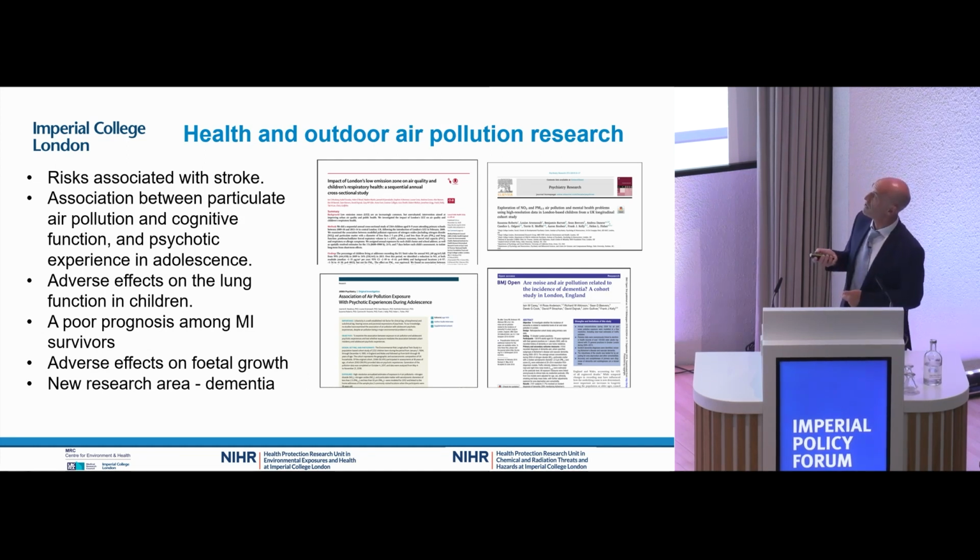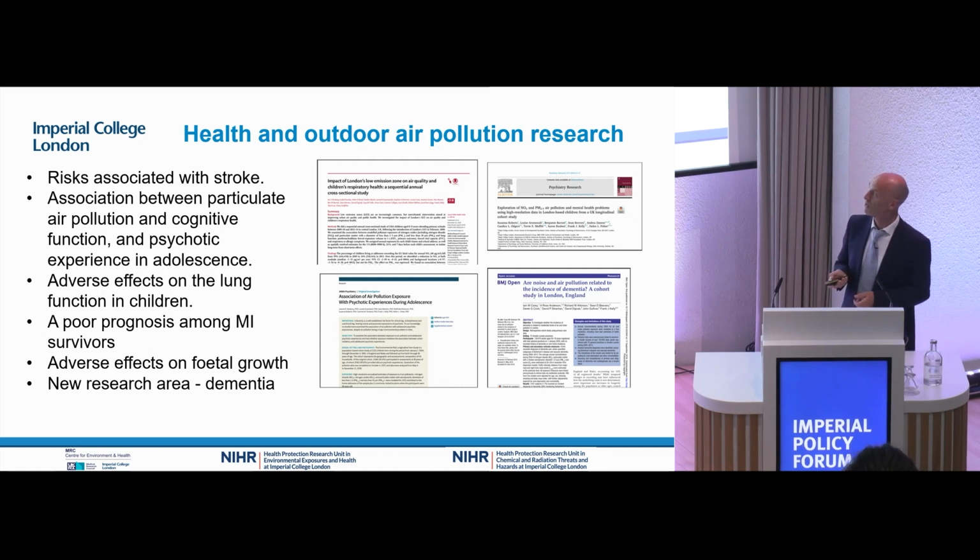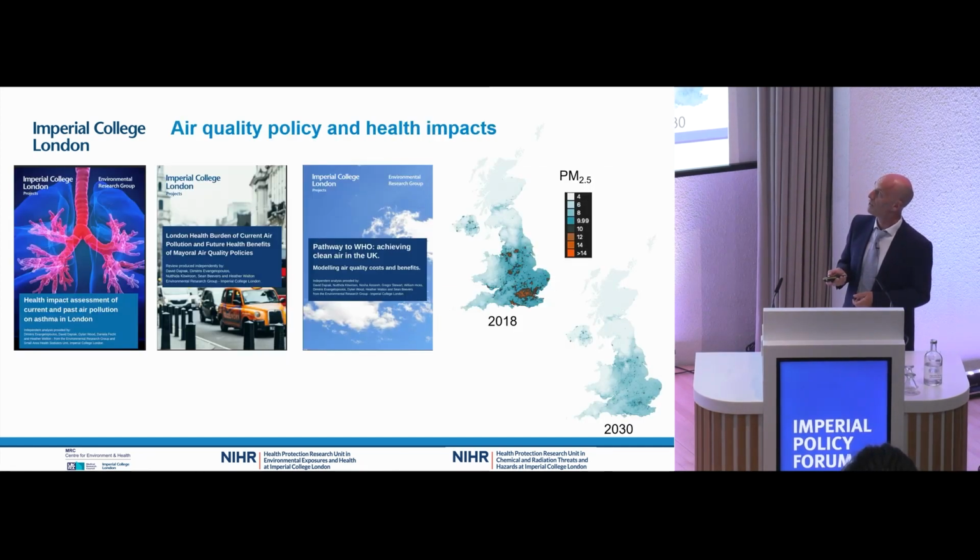Cognitive function is something we've also looked at associations with. Psychotic experience in adolescence, that's slightly niche, I guess. Lung function in children, we're still working on that, but we have had papers on that as well with others. Myocardial infarction survivors as well.